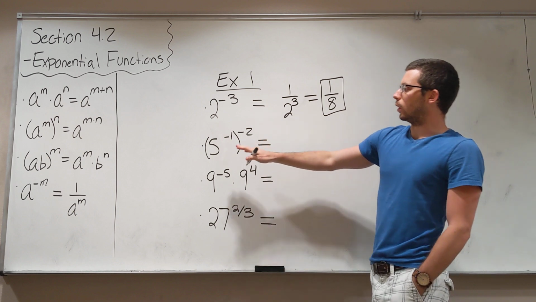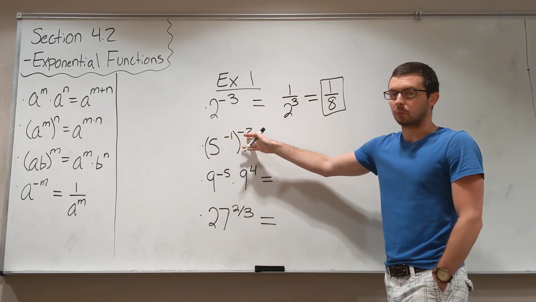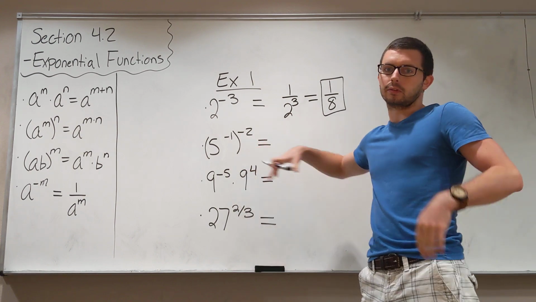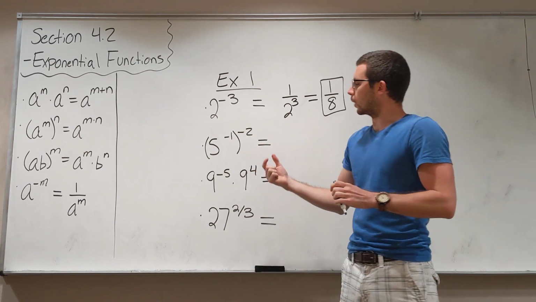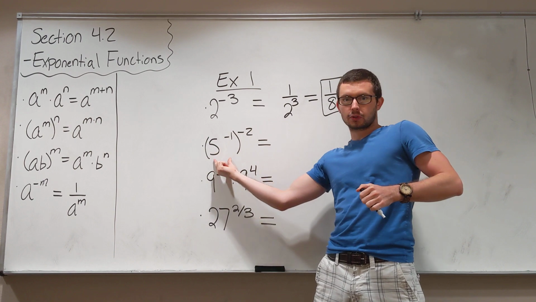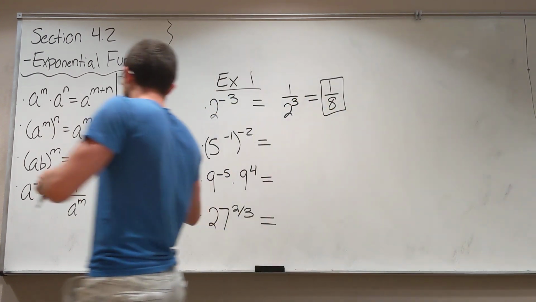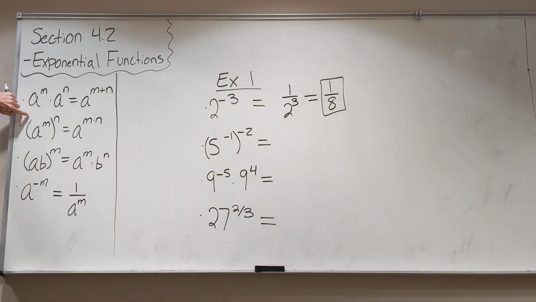So we move on to 5 to the negative 1 raised to the negative 2. And what this rule is correlating with is what happens when you have an exponential function raised to an exponent of its own. And that actually matches up with the rule right here. It says if you have an exponential raised to a power, then you multiply the exponents together.